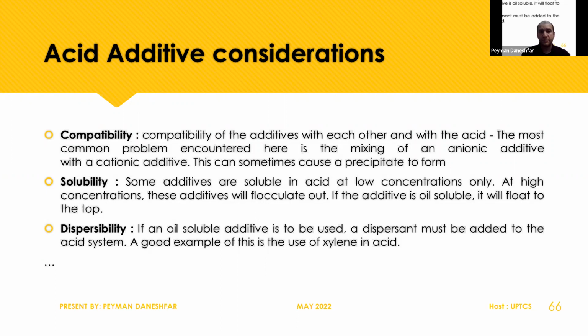But compatibility also means for the formation, because some additives are not compatible with our formations or our systems or our equipment. Another one is solubility. Another one is dispersibility. If an oil-soluble additive is to be used, a dispersant must be added to the acid system. A good example of this is xylene in acid.